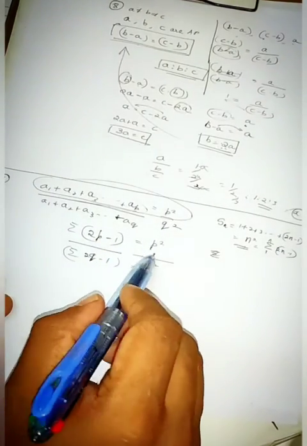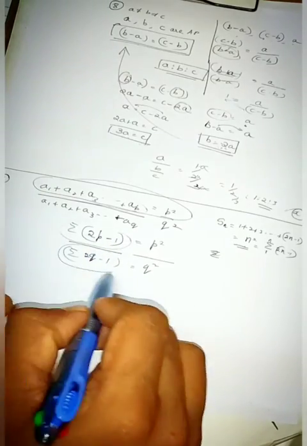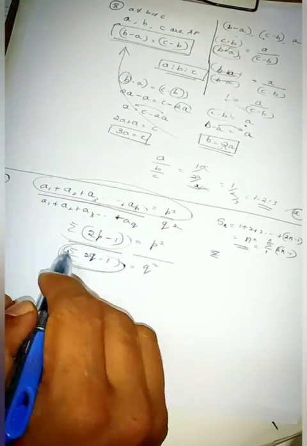So it is very clear that the terms are 2p minus 1 and 2q minus 1.